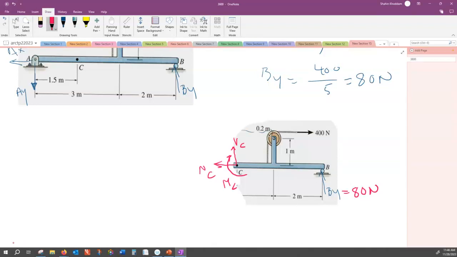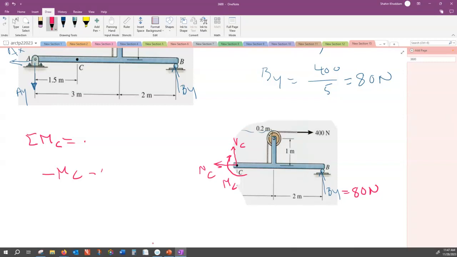So the easiest way to deal with it, that is, there are 3 bad guys at point C, so I can shoot a bullet and kill 2 of them by taking rotation with respect to point C equal to 0. That would get rid of N of C and V of C, and that M of C, is this positive or negative rotation? Negative, minus M of C. And 400, does this make a positive rotation or negative rotation? Negative.